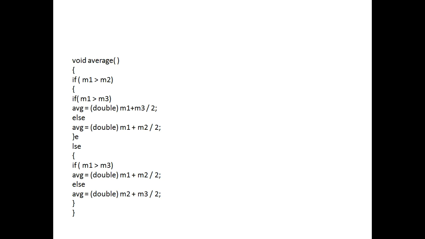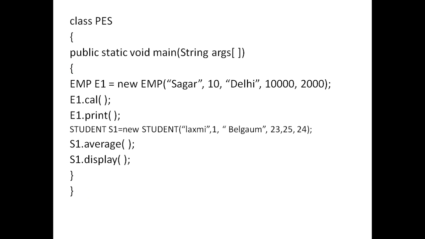This student subclass contains one more method called average, which is going to find the average of the best of 2 marks obtained in IA, which will be initialized to average, and based on that it is going to be displayed.